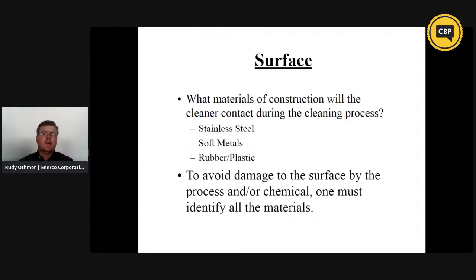Look all the way through. What's the impeller on your circulation pump made of? You want to make sure if it's in contact with your cleaning solution that those are going to be compatible with each other so that you avoid damaging any of your surfaces.